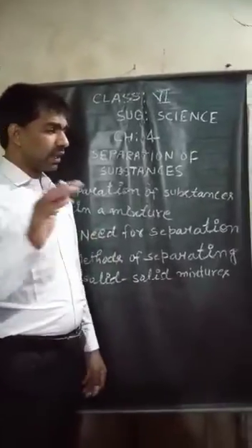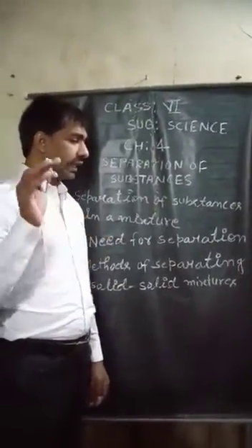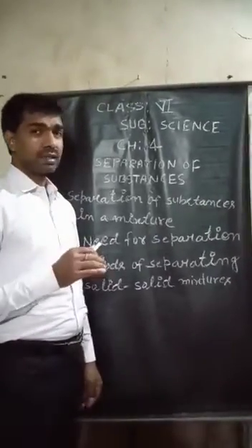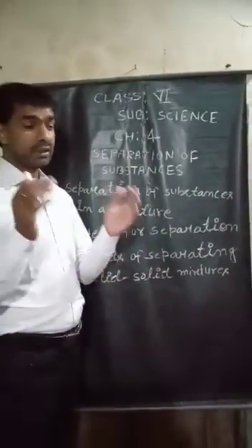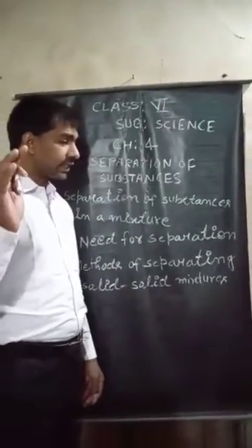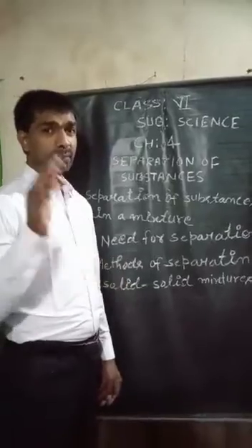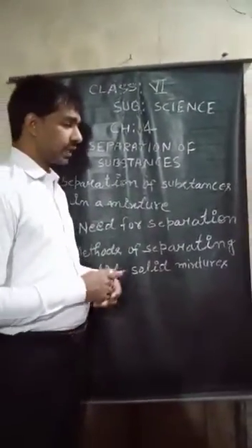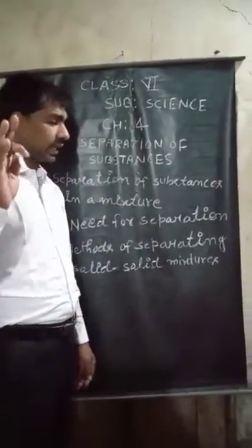Next, the removal of undesirable components including dust particles and germs from river water to make it drinkable. That means to make the river water drinkable, there is a need for separation. And the removal of impurities such as pieces of stone and husk from the grains, separation of husk from the grains, is also a need for separation. Removing stones and husk from the grains makes them edible.